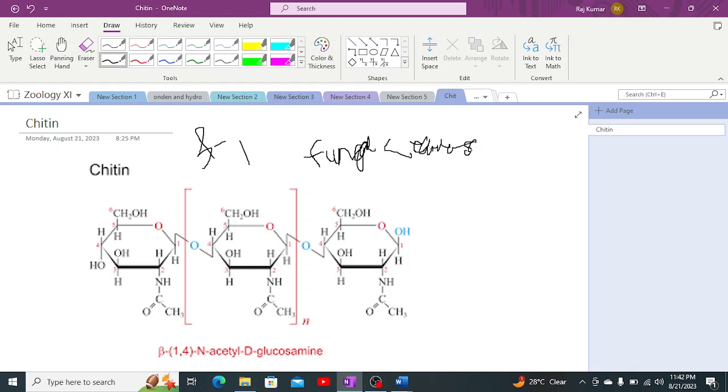It is present in the exoskeleton of arthropods alongside calcium carbonate, and also in the shells of mollusks and crustaceans.